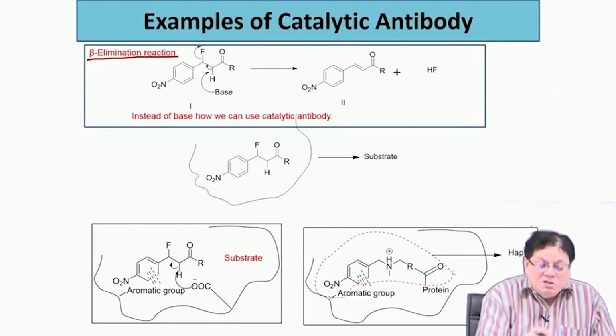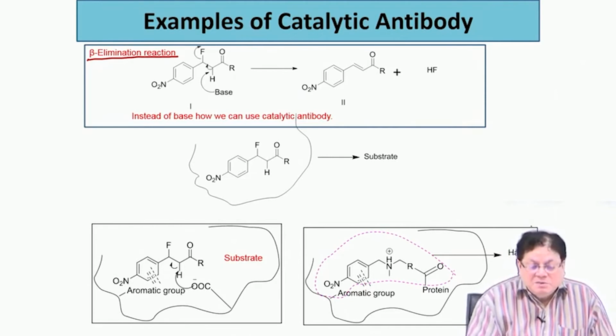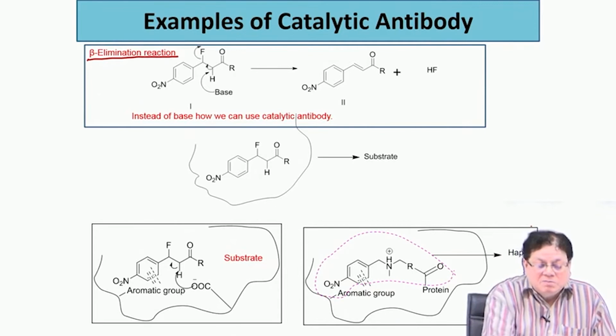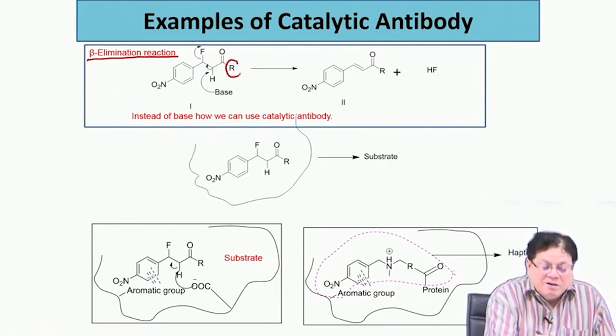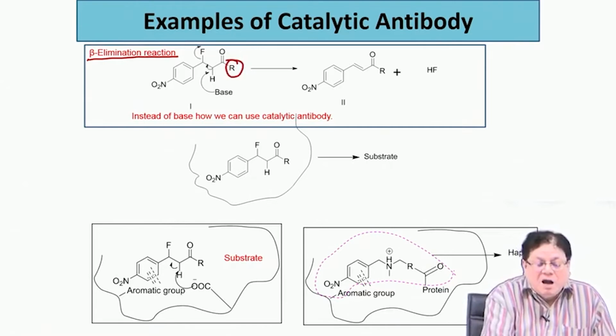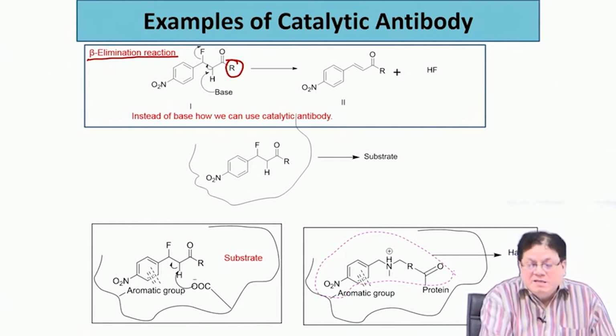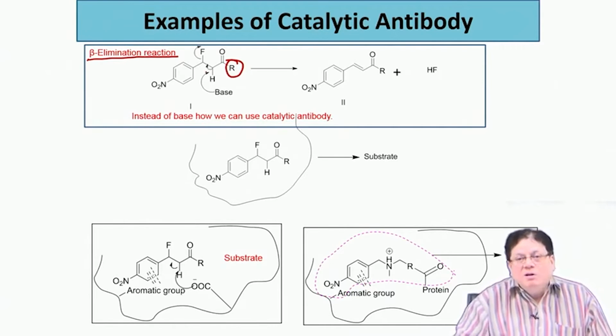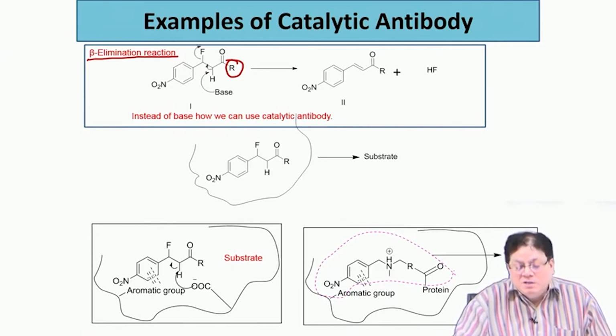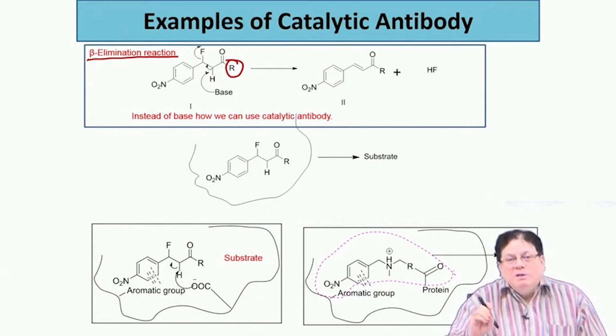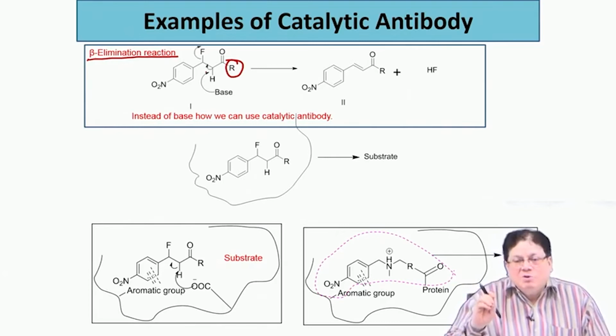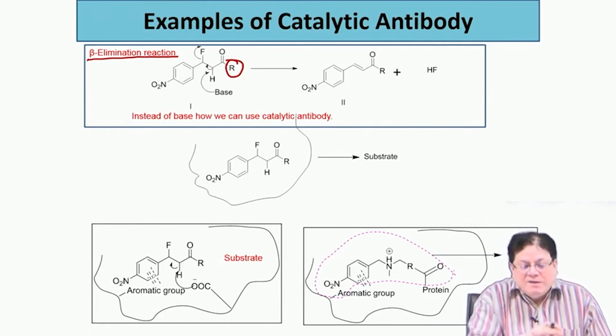Okay. Now, instead of base, suppose we have not specified R, because sometimes R may be some group which is very sensitive to base. So, you cannot use base in that case to induce this elimination, but we know that enzymes work at almost neutral pH. So, that is the advantage.